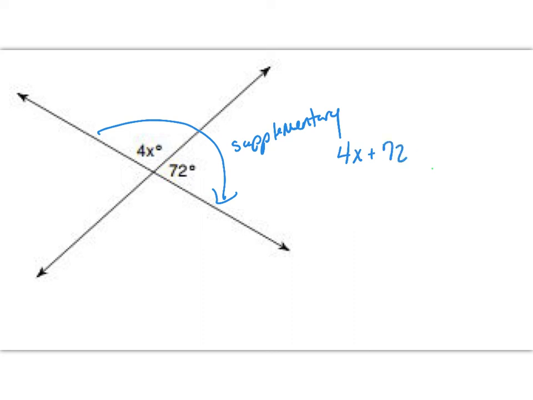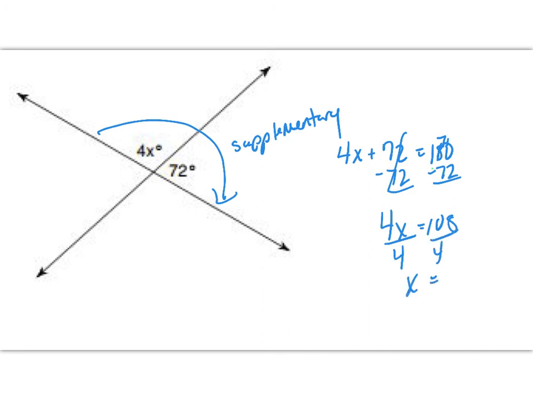So 4x plus 72 equals 180. Subtract 72 from both sides. Let's see, we get 108. Divide both sides by 4. x is equal to 27.